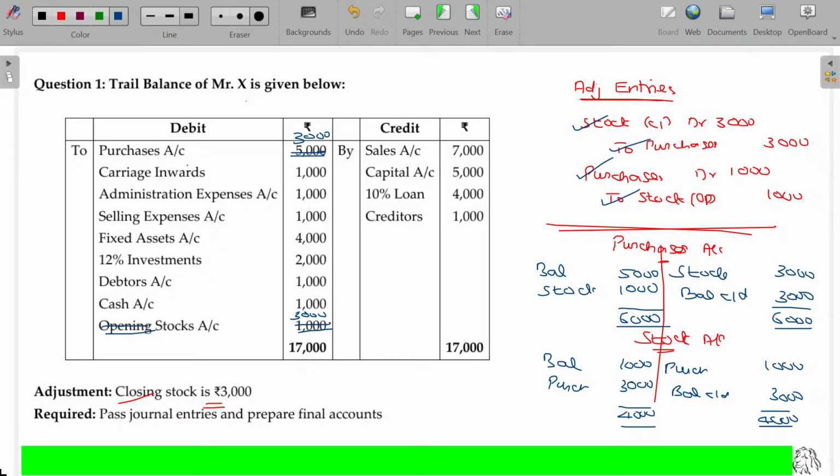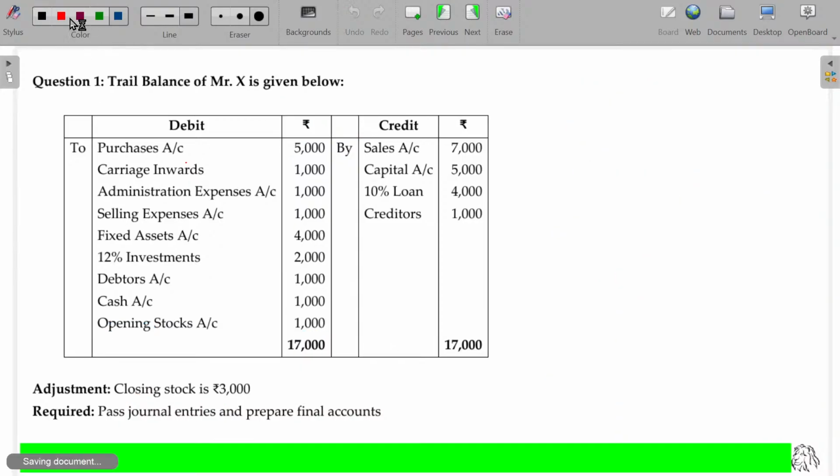Is that clear? Now, I am going to post the journal entry for this one. This is called the completely adjusted trial balance. Let's see. This becomes 3000.